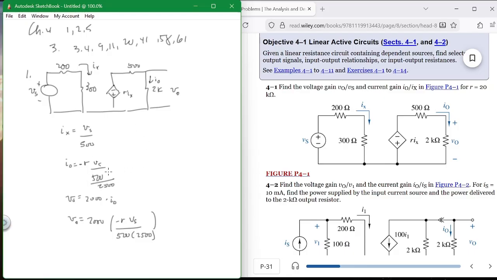This would be my V divided by 2,500, and this would be the numerator. The denominator is the denominator, so you'd just move this up to here. Everybody agree with that? Is that right?